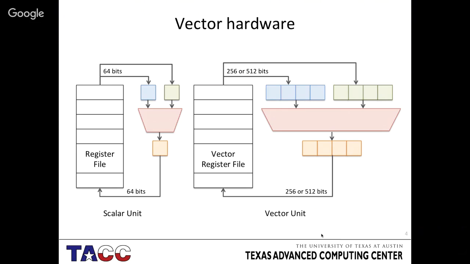So we'd have the data streaming in from the registers, a single operation, say on 2 elements at a time, and then a result, and then going back to the register and eventually out to memory. And so in the new world, we have these vector units that can do the same operation basically on multiple data.